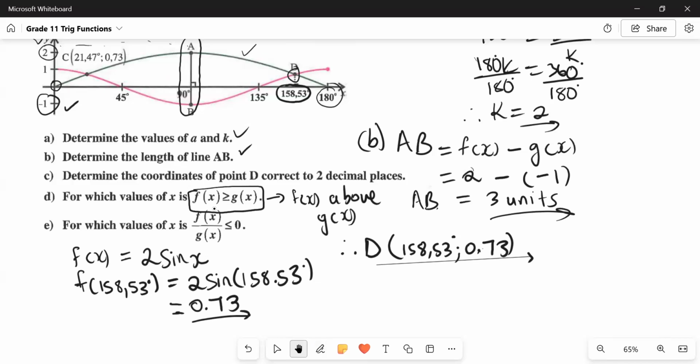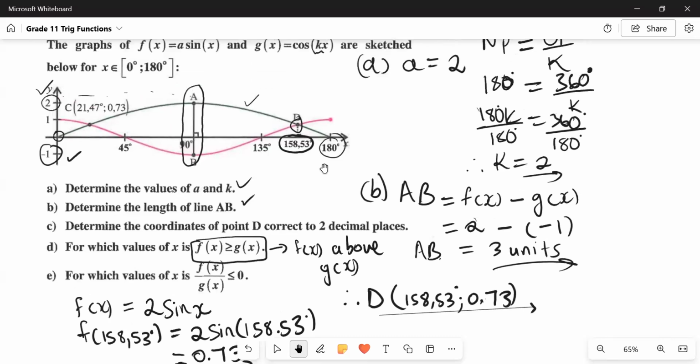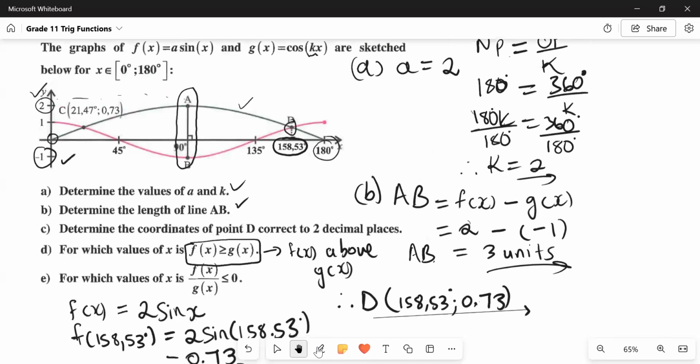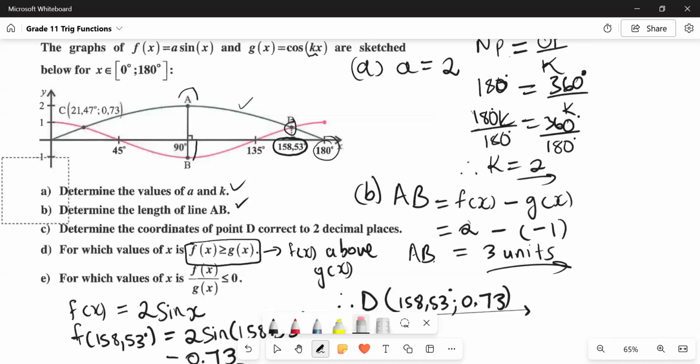So we are looking for values of x where f of x is above g of x, right? Now let's go back to our graph and try to interpret, or rather analyze. Now, where is our f of x above g of x?